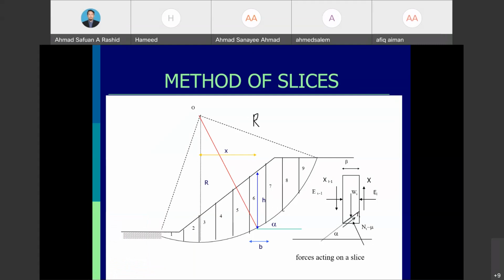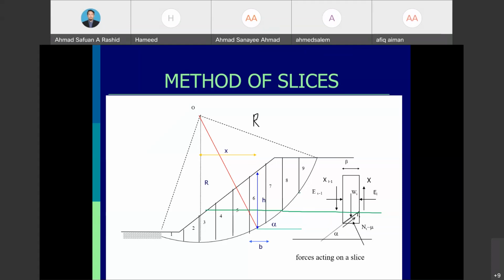For example, if it has two layers of soil, when we want to construct the slices, we need to make sure that the bottom part of the slice, on the failure surface, should only cover one type of soil.